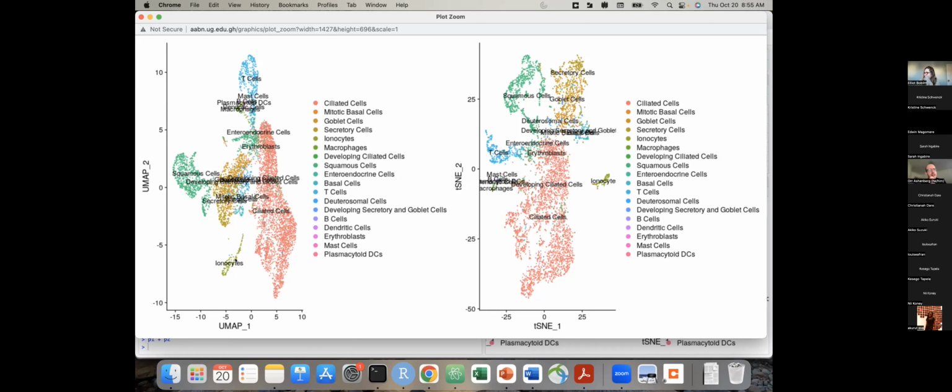Also, even if you could say what those distances are, it's not a super meaningful comparison. Usually we're not trying to ask whether B cells are more related to T cells or to monocytes. You can answer that question, but there's not really a follow-up to it. It's more of an observational thing.